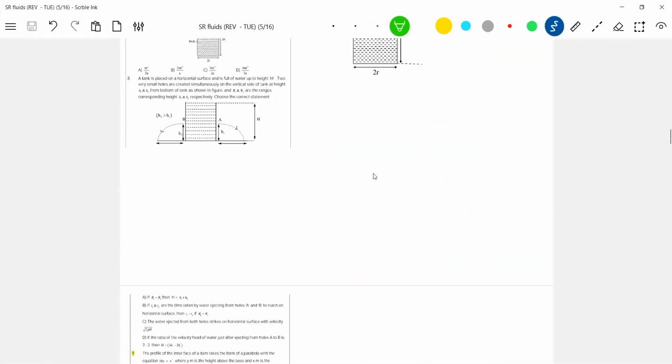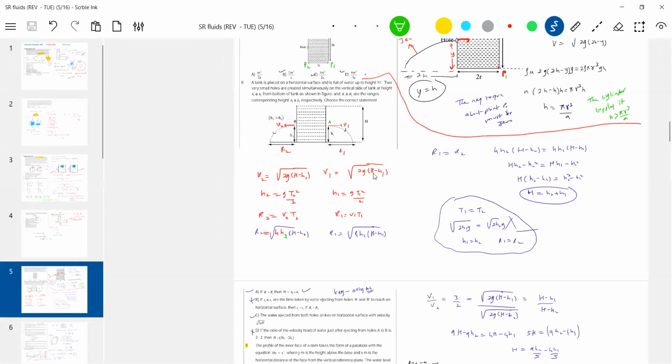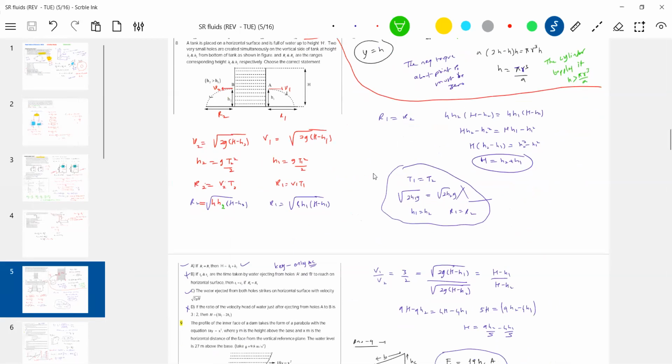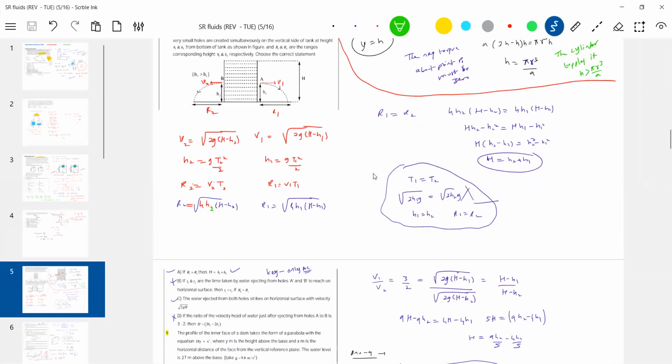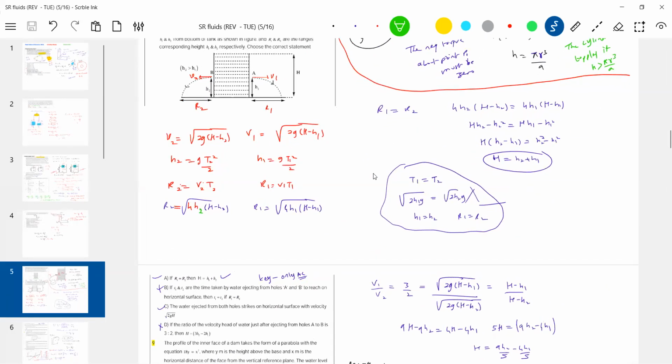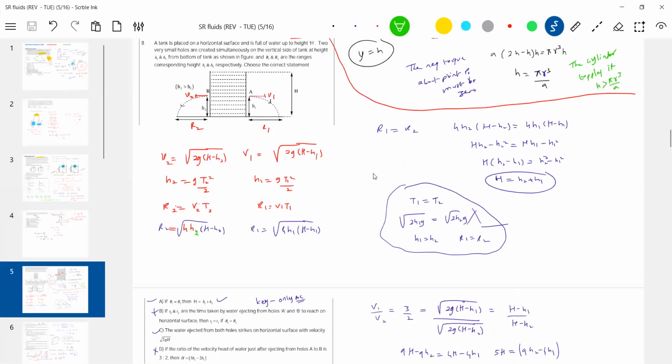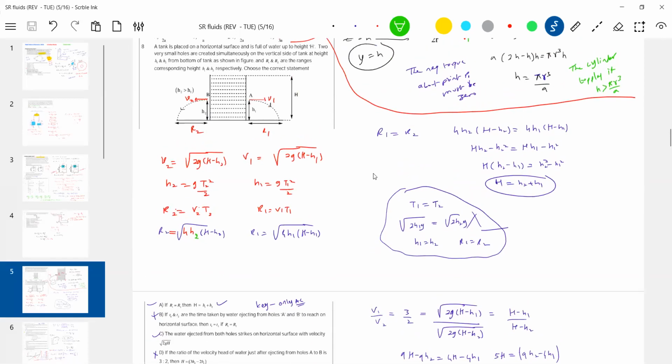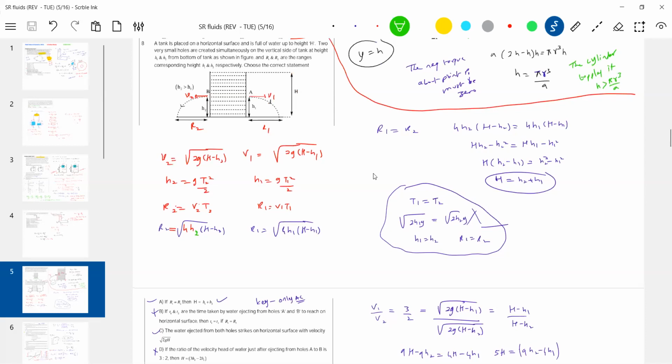I think I'll make it small. Okay, I think the complete question is visible. Check it. The correct statement is what is asked. Options A, B, C, D are what I have given below. Information given: H2 greater than H1.